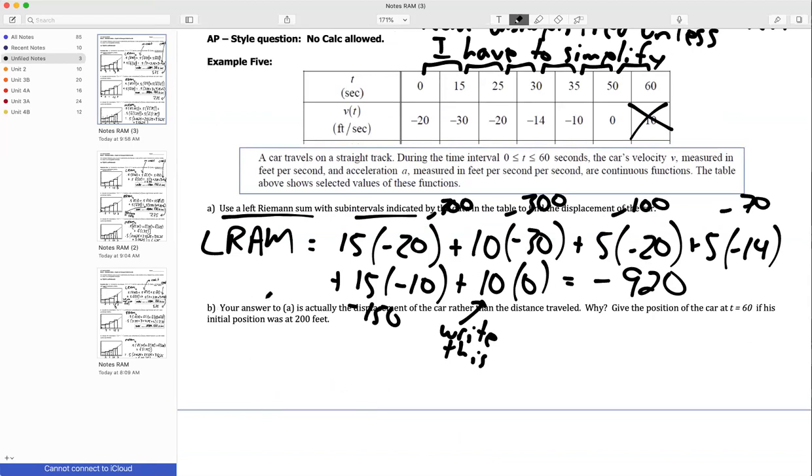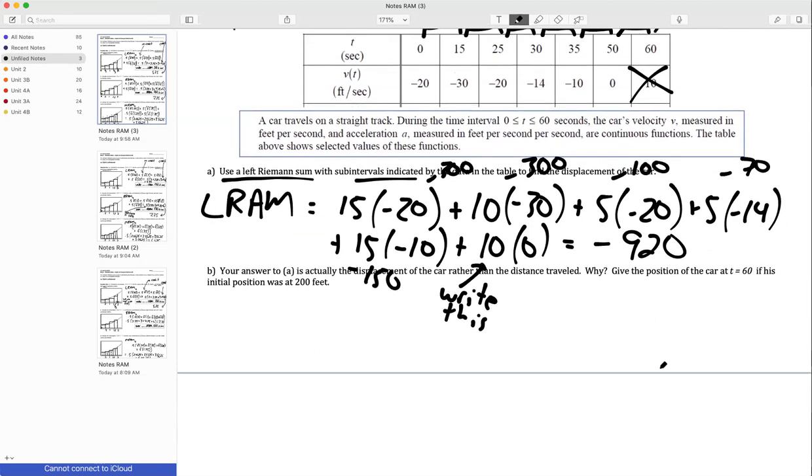Part B says your answer to A is actually the displacement rather than the distance traveled. Why? Well, we will get to that shortly. Give the position of the car at t is equal to 60 if the initial position was at 200 feet. So what you need to know for now is that position is going to be the initial value plus the displacement.